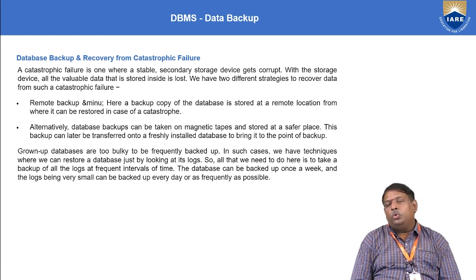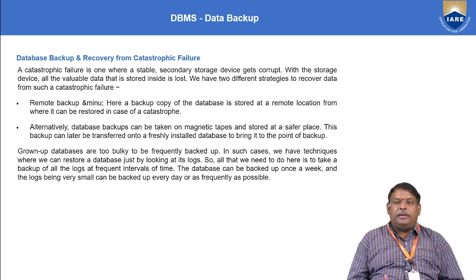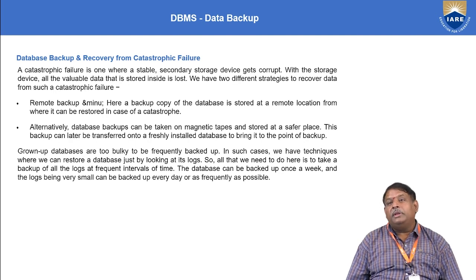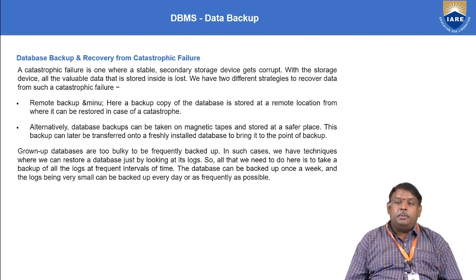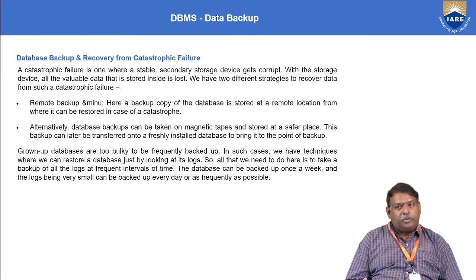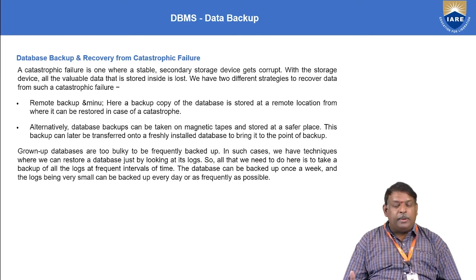Suppose you have very huge data like terabytes. Taking a backup every day of terabytes is a waste of time and resources. So every week, say on Sunday, or when there is no business or business is less, at that point we take the full backup. Every Sunday we take a full backup.